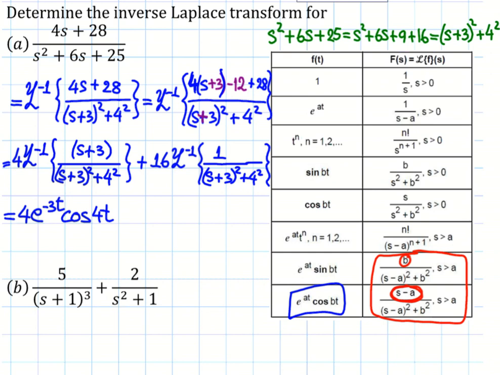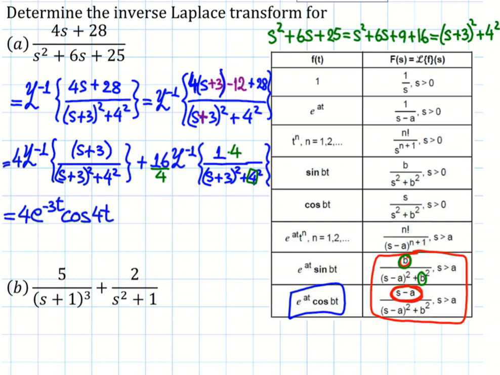Next, the top here doesn't have s in it. If it doesn't have s in it, it has to be the same as b. Since b is equal to 4 here, we need 4 on the top. We cannot just multiply by 4; we have to divide back out to keep things balanced.